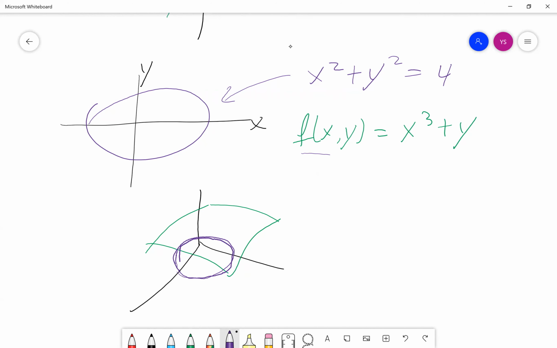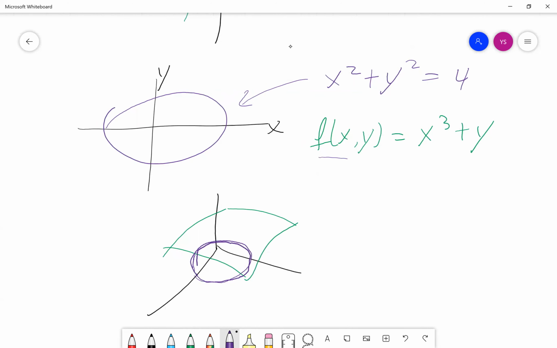And so what we can try to do is think about what happens at the absolute minimum and maximum. So let's think of the level curves of f. Let's imagine that this is one level curve of f, and here's another level curve of f. And here's another level curve of f.